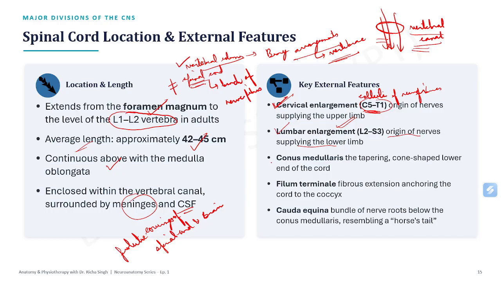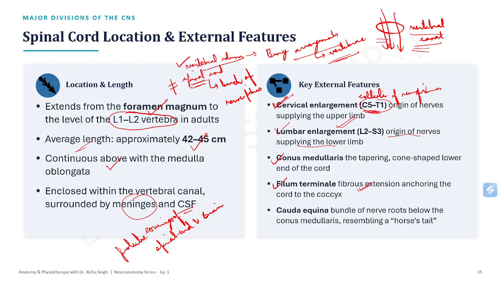Then you have conus medullaris. Conus medullaris is basically a tapering cone-shaped lower part of the spinal cord. It tapers, it reduces in size, and it becomes cone-shaped as the spinal cord ends. Spinal cord ends in filum terminale. What is filum terminale?